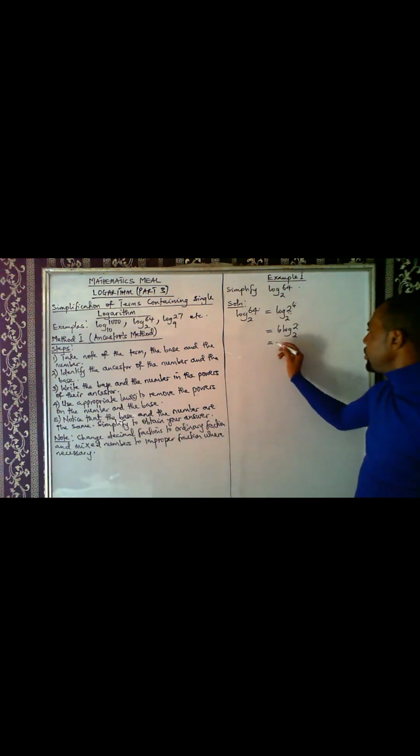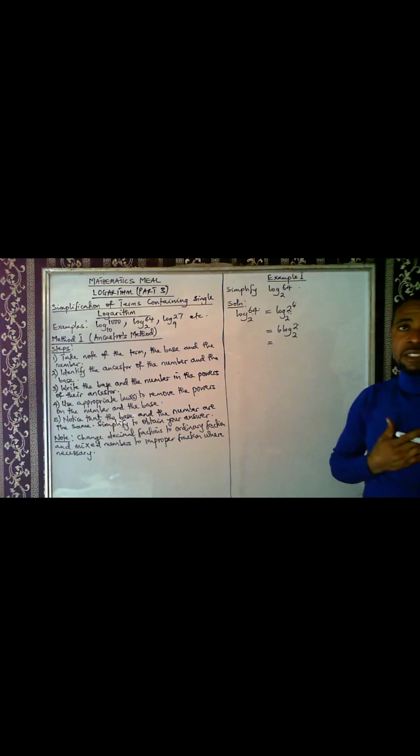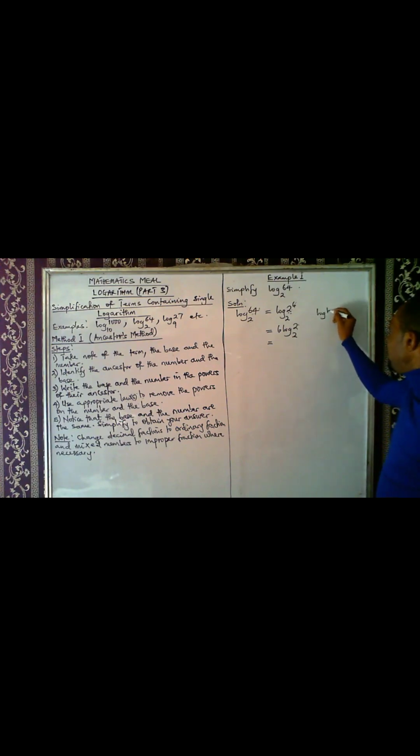At this stage, something will cross your mind. What is that? Remember the 4th law of logarithm. The logarithm of a number to its own base is what? 1. So log b in base b is 1. So log 2 to base 2, the number and the base are the same, so this will reduce to 1.